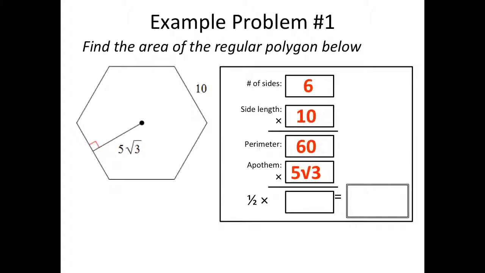Multiply those together, and 5 times 60 is 300. So I have 300 root 3. And then finally, I have to take 1/2 of that, because our formula is 1/2 PA, and I've just taken PA. Half of 300 is 150. So the area of this regular polygon is exactly 150 root 3.